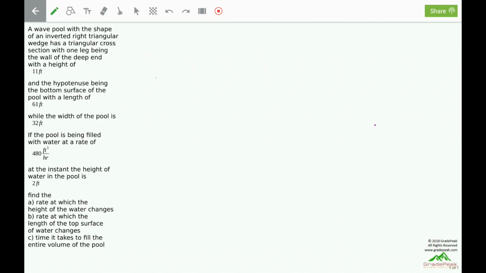The pool is in the shape of an inverted right triangle, so that it has the wall of the deep end and the bottom surface of the pool. And it has a width to it to give it the third dimension.